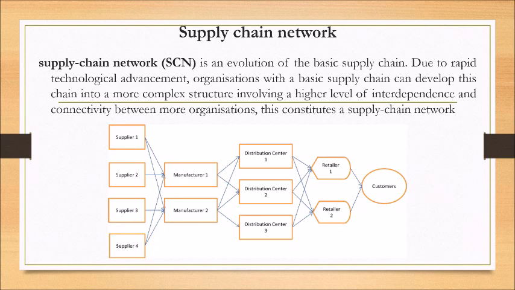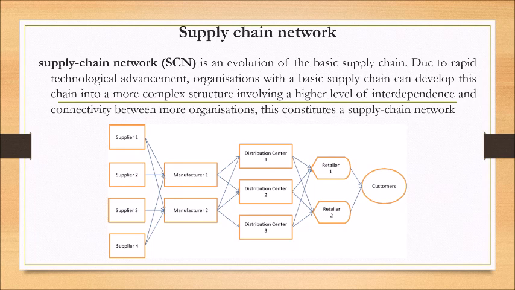Here you see supplier 1, 2, 3, 4, and these suppliers sell the product to both the manufacturers. Then both the manufacturers send their product to a distribution center, or you can call it warehouses, where the products are stored properly.